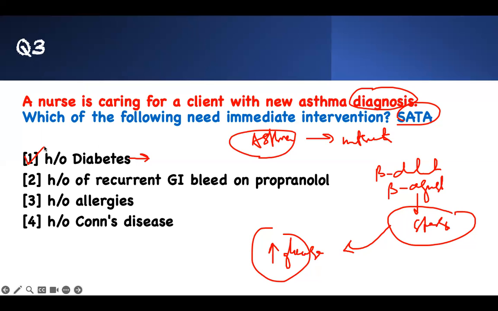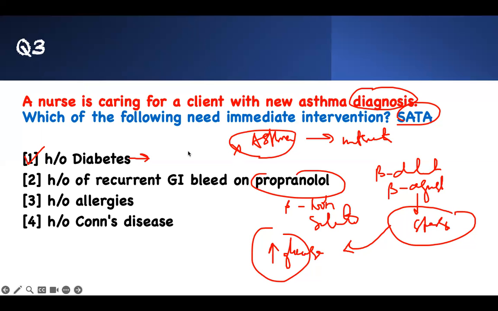History of recurring GI bleed on propranolol. What do you think? Propranolol is a non-selective beta blocker. If it's non-selective, it's going to block the beta receptors on the bronchus, and therefore we should question it.